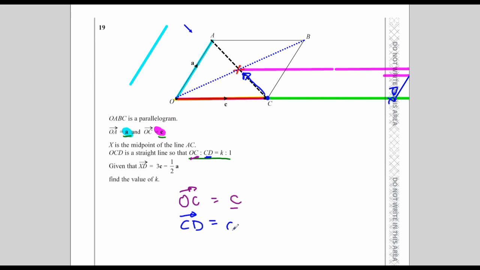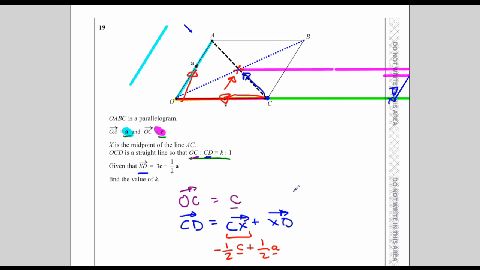So we want C to X and then we want to add on X to D. And we already know what X to D is. Now C to X is minus half of C and plus half of A. Okay? So minus a half of C plus half of A. And then we go along here halfway and up here halfway.